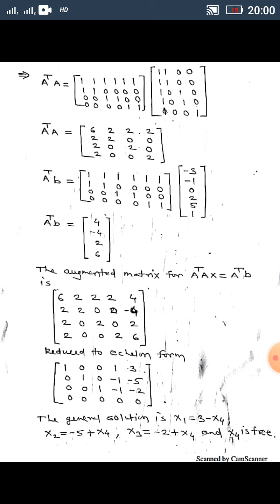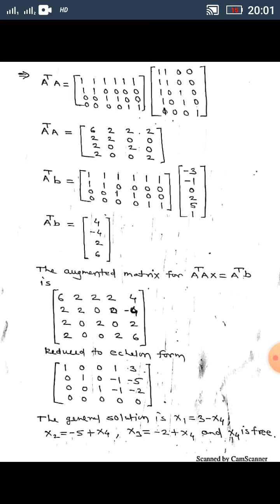All the rest elements are 0 there. Next, 1 into 0, 1 into 0, all 0 into 1, 0 into 1, 0 into 0. So only 0 is the addition. Again 1 into 0, 1 into 0, 1 into 0, 0 into 0, and 0 into 1. So all addition is 0.